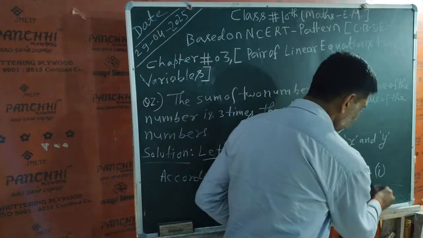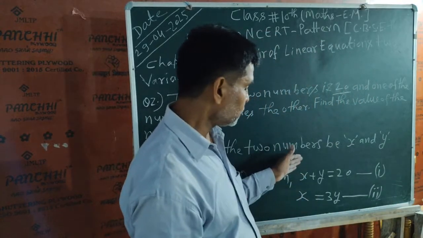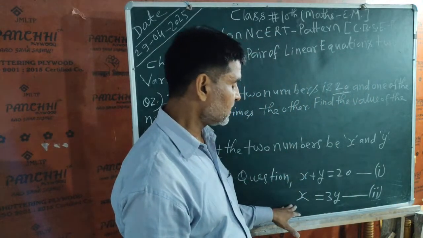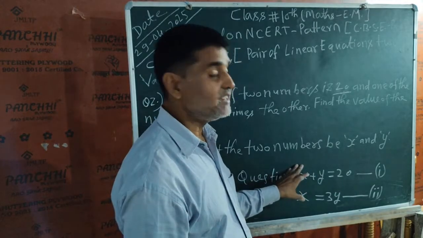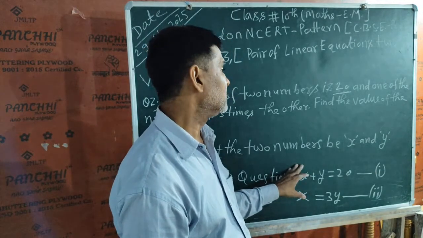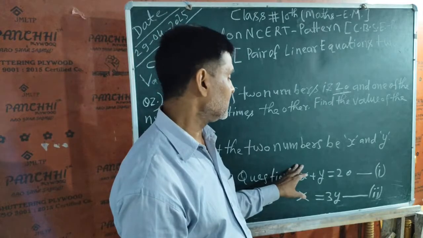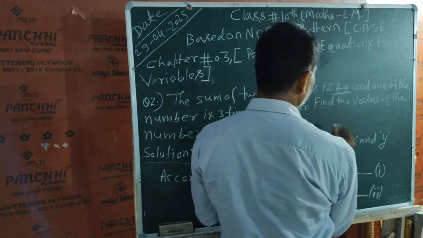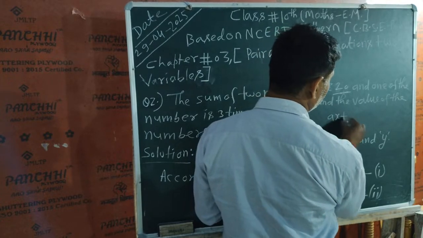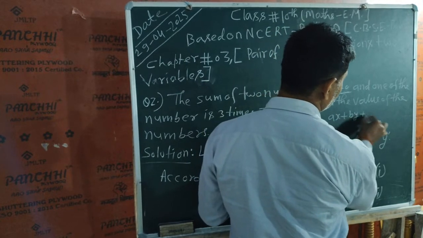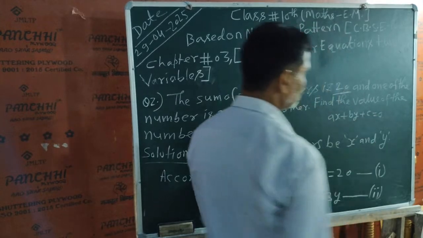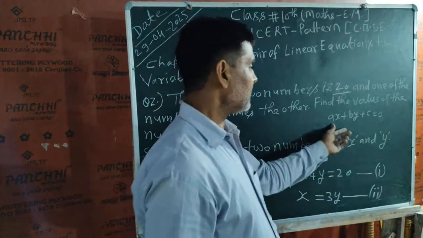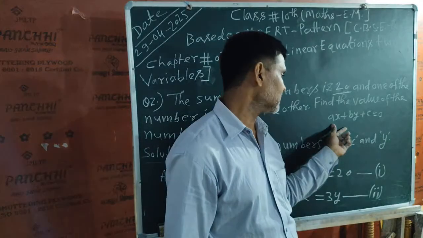Here equation number 1 and equation number 2, I will arrange in standard form. Standard form means a standard linear equation in two variables. So I will arrange it like this: ax plus by plus c equal to 0. This is the general linear equation in two variables x and y.